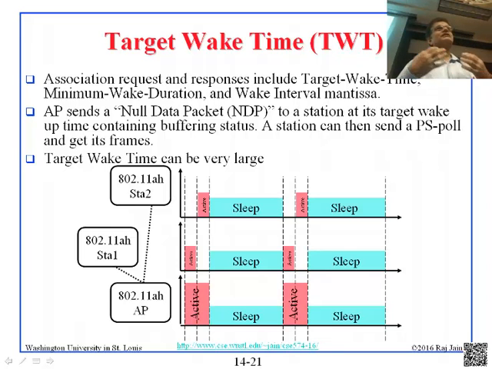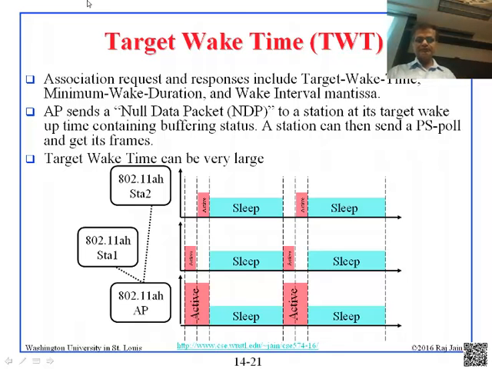So now you can sleep for long. Even the access point can sleep, and when the access point wakes up, it knows when you are going to wake up. Just near your wake up time, it will start announcing that I have a frame for you. And then you can send that PS poll to get it. Target wake up time can be very large.